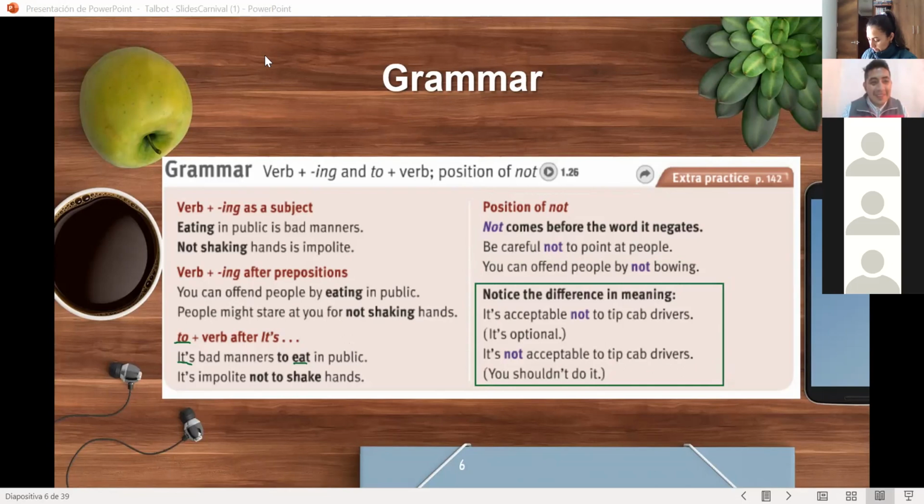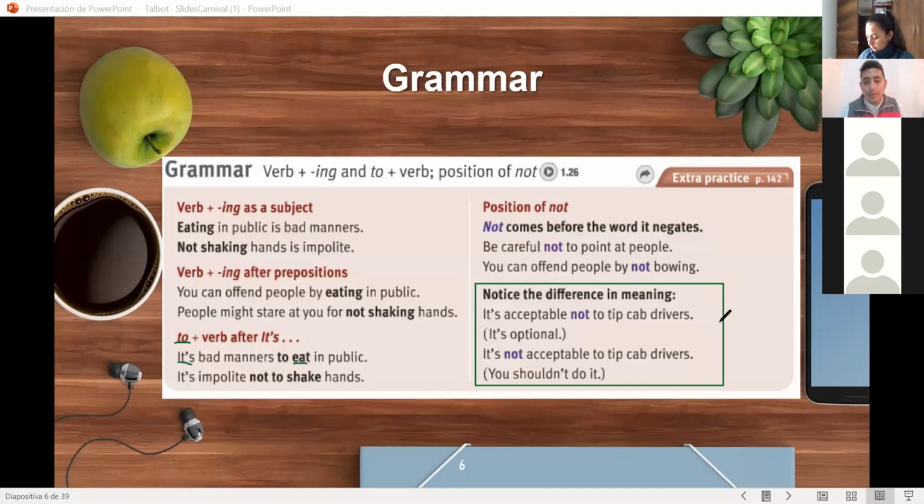Help me reading what is in the green square. Notice the difference in meaning.